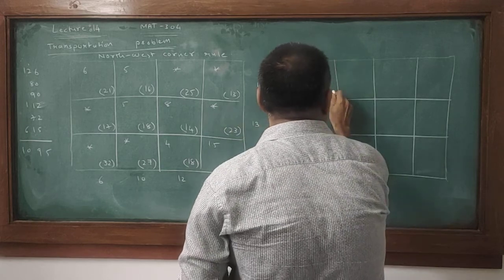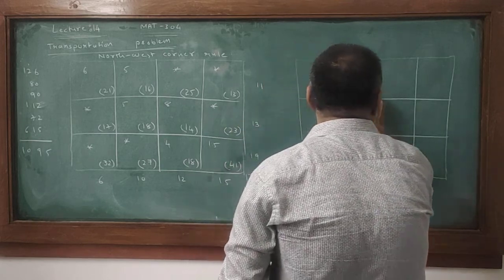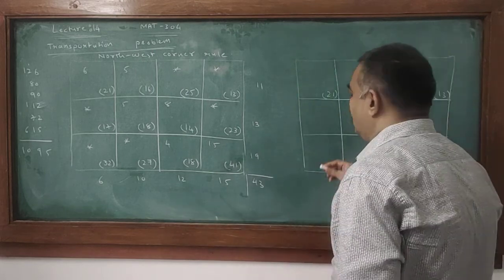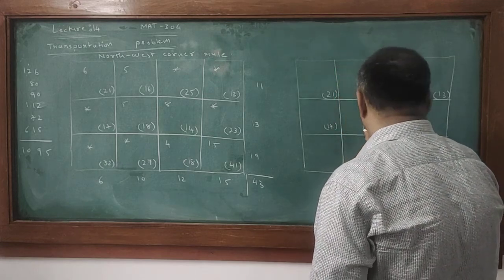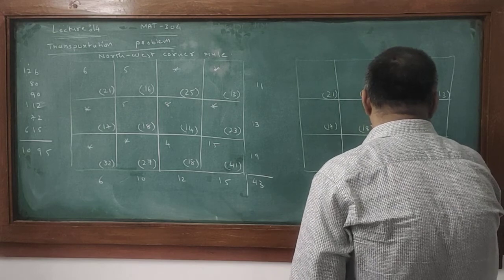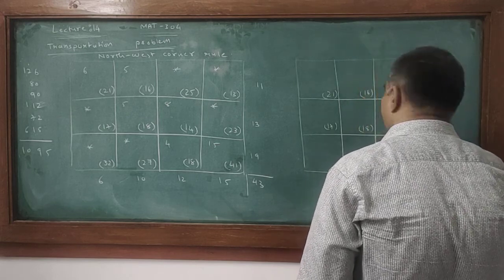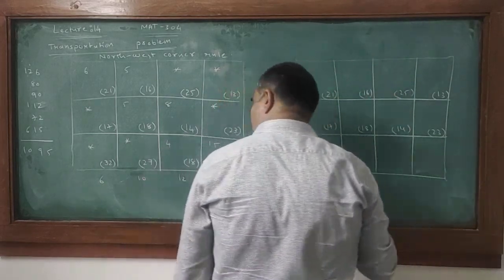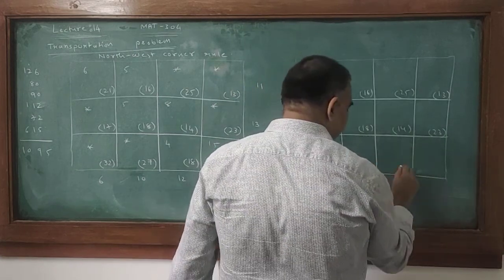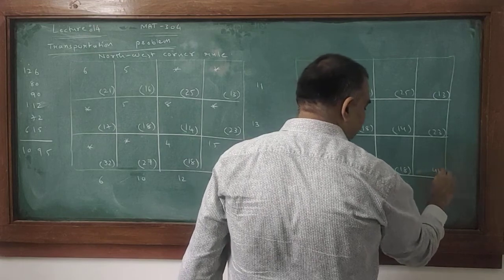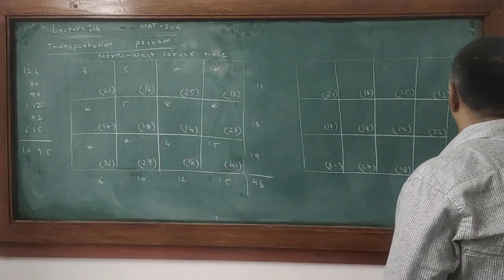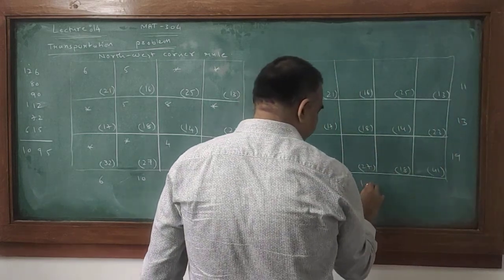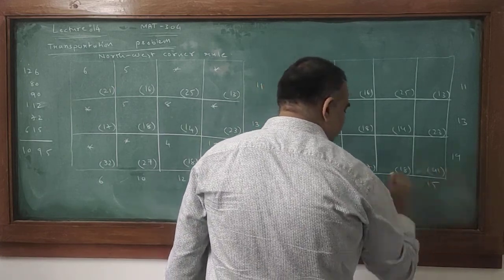So first I have to write the same table here: 21, 16, 25, 30, 17, 18, 40, 23, 27, 18 and 41, and the supply 11, 13, 19, and demand 6, 10, 12 and 15.